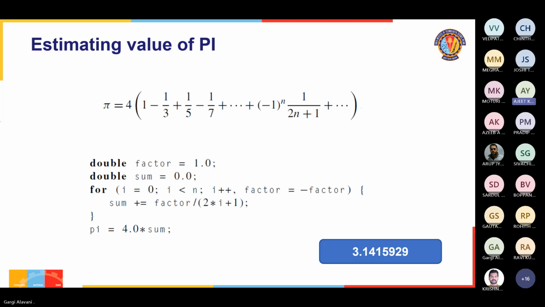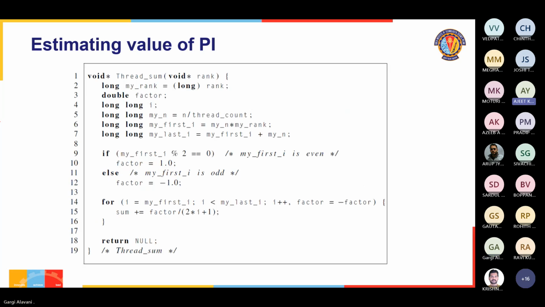Yes, it's a sum. The line number where sum is, it is a critical section, and we need to take care of that when we are trying to parallelize this code. So let us first look at how we can parallelize this code without thinking about the critical section yet.